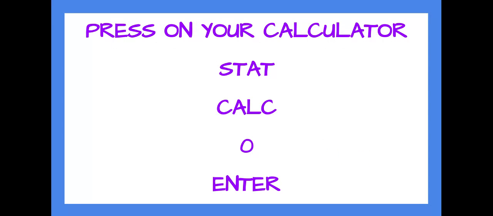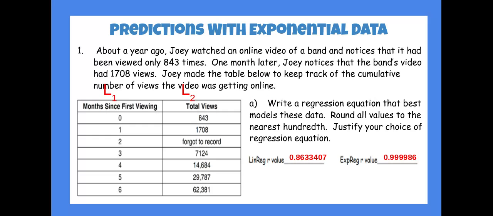Now, same data, we're going to press StatCalc 0 and enter and look at our R value, and that's 0.9999986. That's why I went really far over, because it was super, super strong. Make sure you have this down on your paper. If you have no idea what I'm talking about, please go back to yesterday's lesson and watch it over to get the whole idea of calculating the different regression equations.